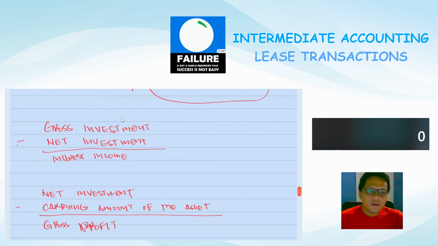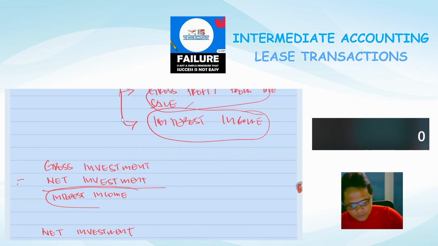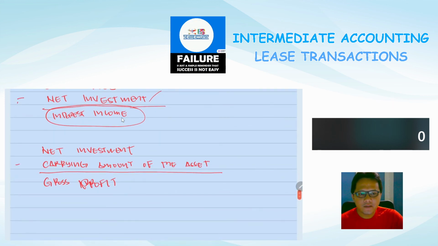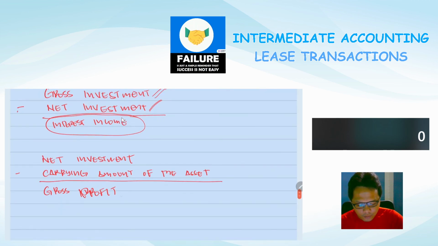Okay? So again, pag finance lease, ito lang yung i-consider natin. Gross investment less net investment. Pag sales type lease, we will recognize this and also we will have to recognize the gross profit.